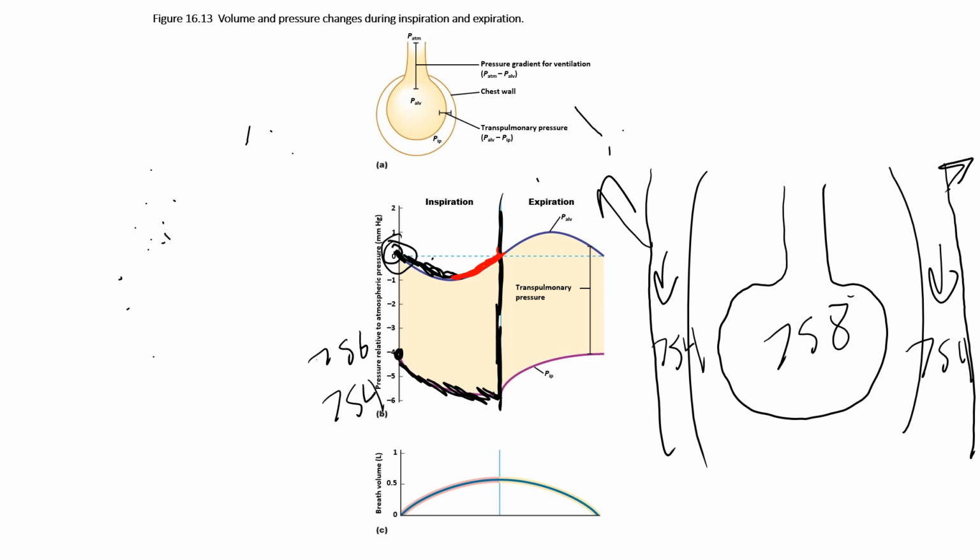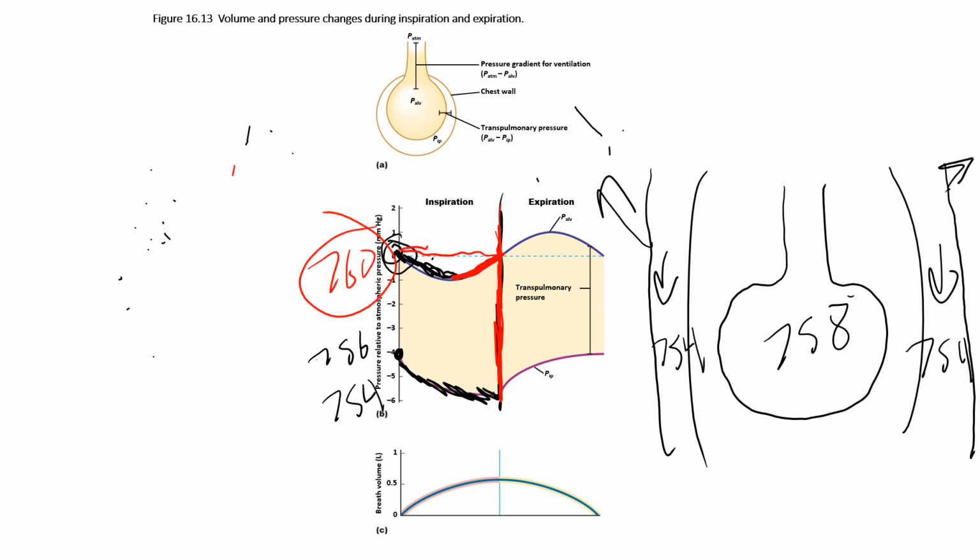Why would intra-alveolar pressure begin to increase during the second half of inspiration? Once inspiration has come to an end, like this, you'll notice that intra-alveolar pressure is back to about 760.